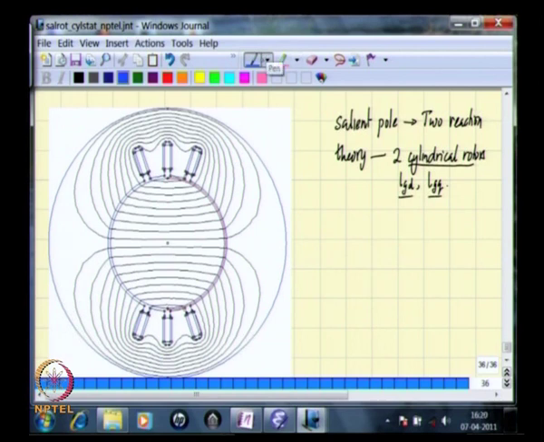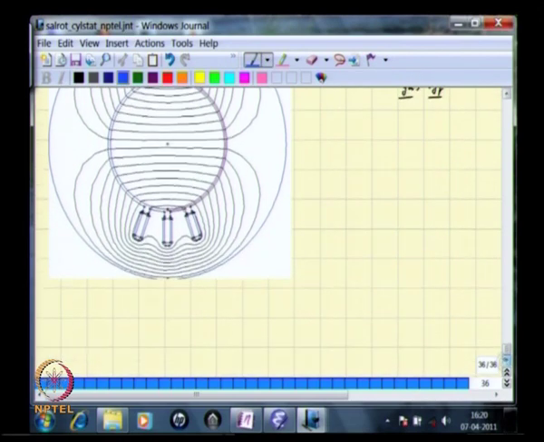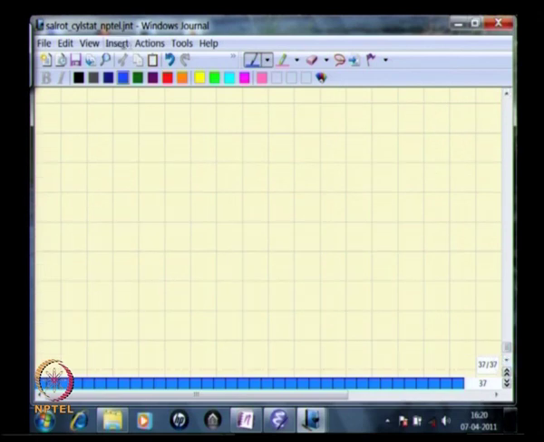MMF distribution is nothing but the distribution of H multiplied by L, a scaled version of the H field distribution. If we now look at the H field distribution, if you start with angle equal to 0 from here and then go around the air gap and look at how H varies, that plot looks like this.